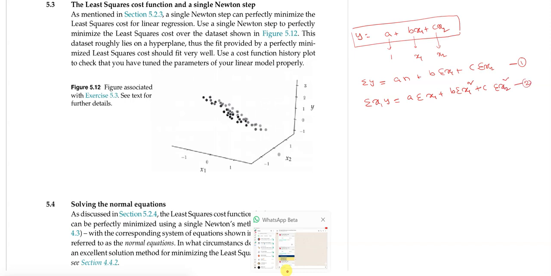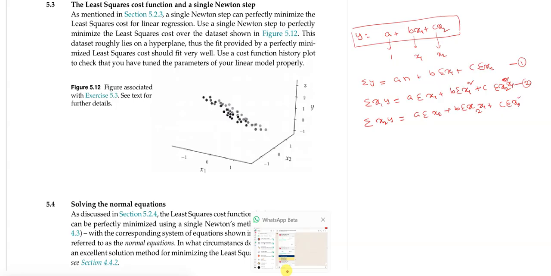This is the second. Third one, multiply with x2: sigma x2 y equals a sigma x2 plus b sigma x2 x1 plus c sigma x2 square.